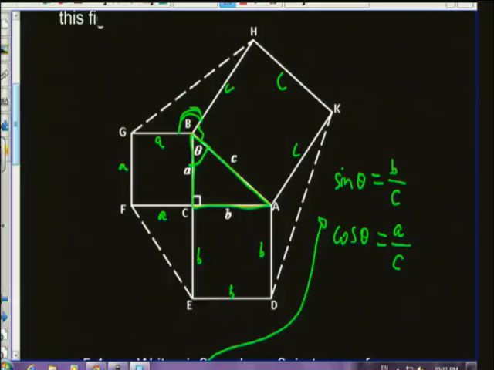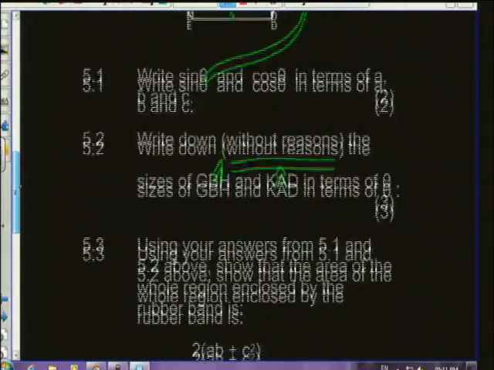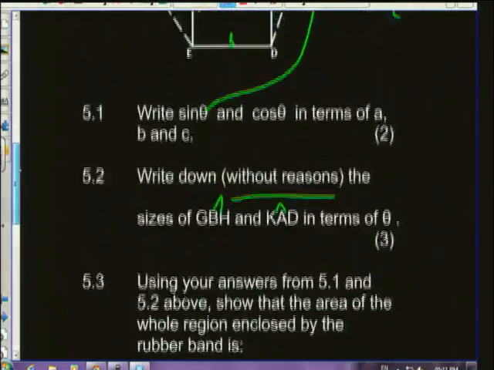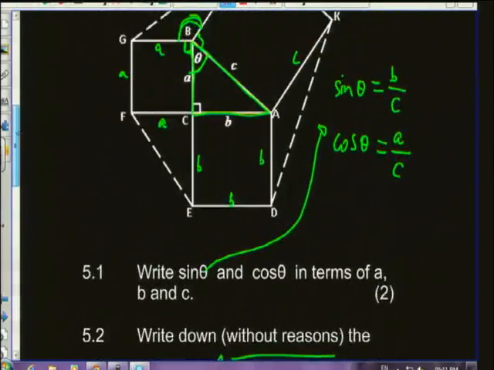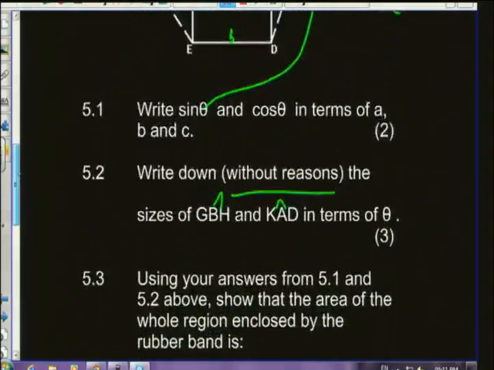And then we've got a square again here, there is also 90. We want to work out what GBH is in terms of theta. Now there are angles around a point, that's a revolution. So we can say this angle GBH plus the 90 plus the 90 plus theta equals 360, a revolution.